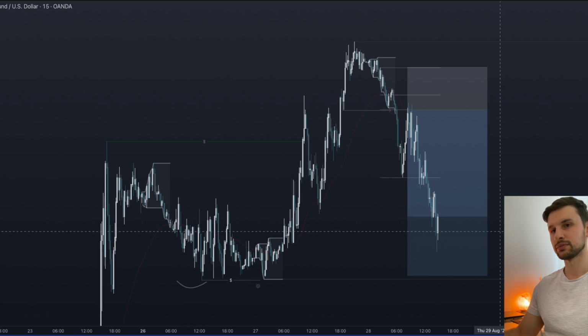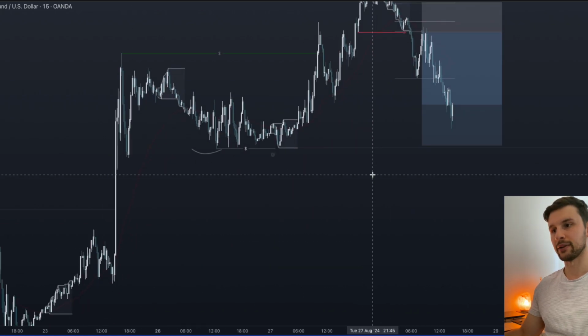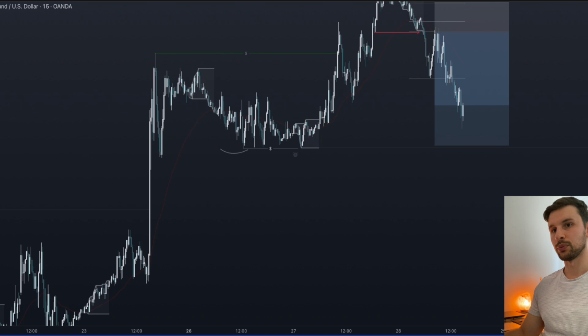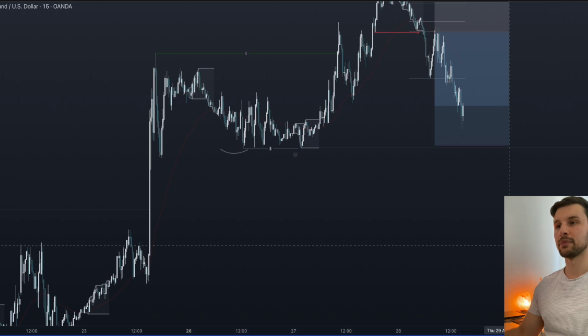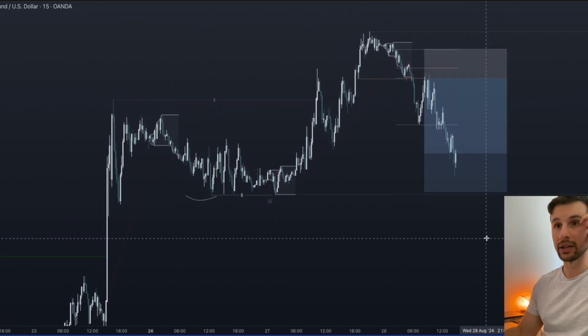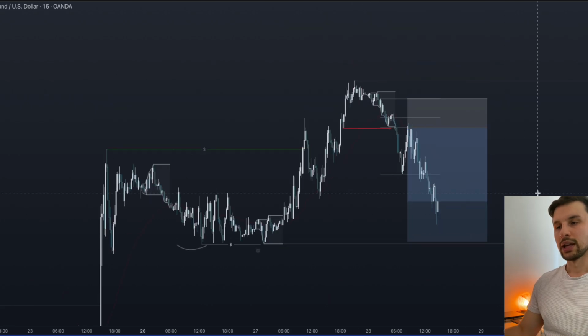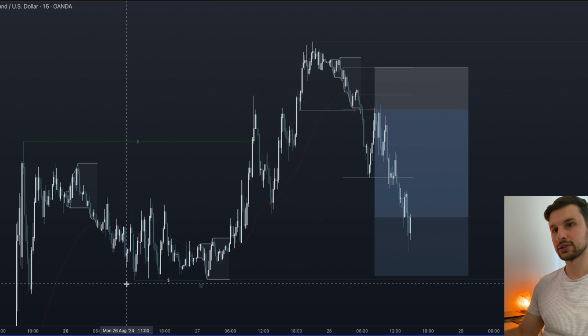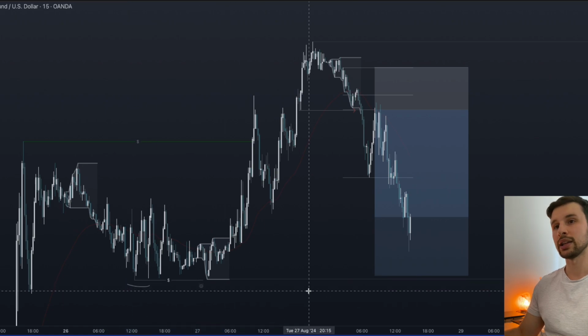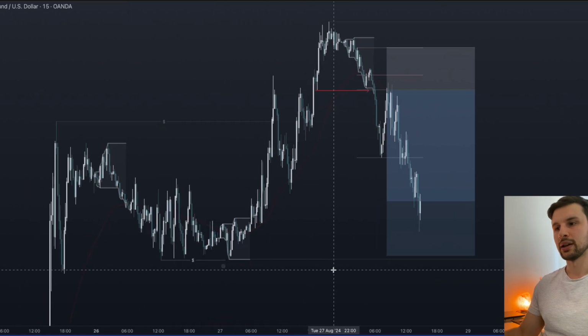It was all the way back here. So we could see price run all the way down here. But I'm quite conservative with my take profits. I don't want to shoot for the moon. And yeah, we're just targeting these lows here, which price is highly likely to take out.